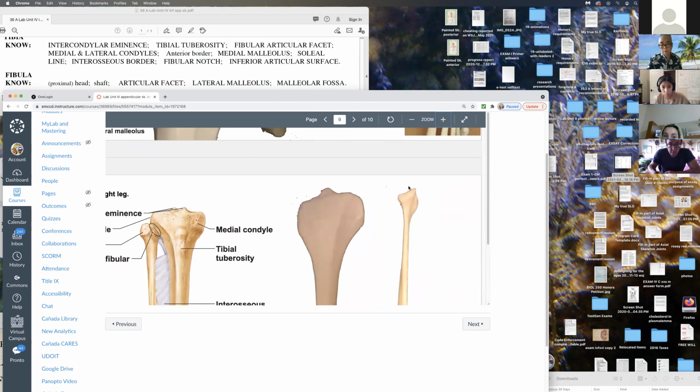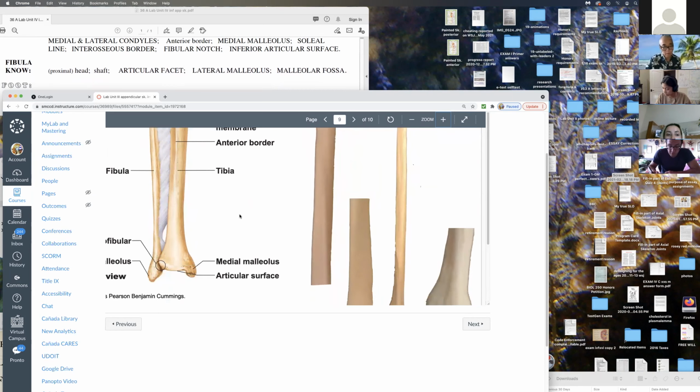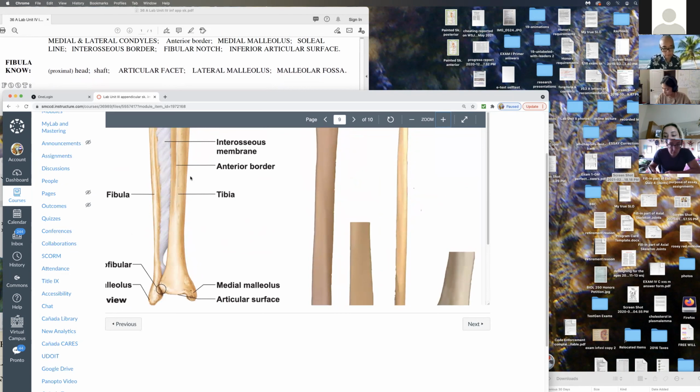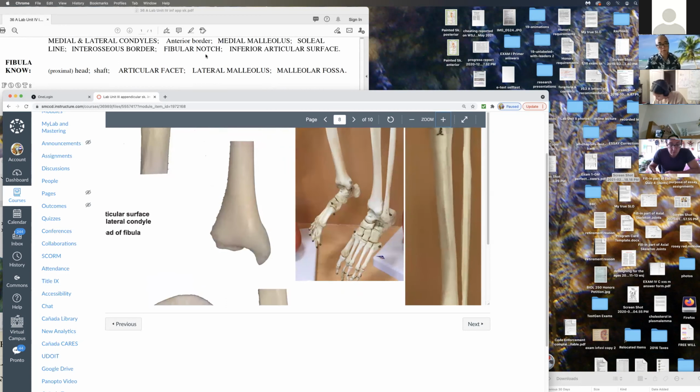And then on the proximal end, there's the articular facet that articulates with the fibular articular facet on the tibia. So, yeah, get used to that. Okay. Facet is on the proximal side, and the notch is at the distal end of the tibia.